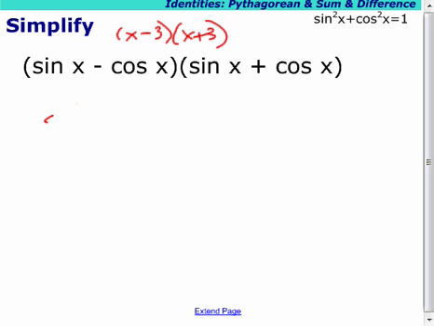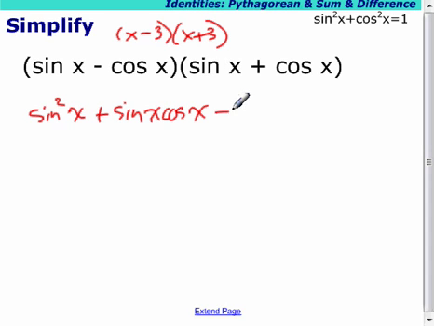So sine x times sine x, you could write it as sine x all squared like this. But typically with trig ratios, when we square it like that, we write it like this, sine squared x. Sine times cos would be a plus sine x cos x.